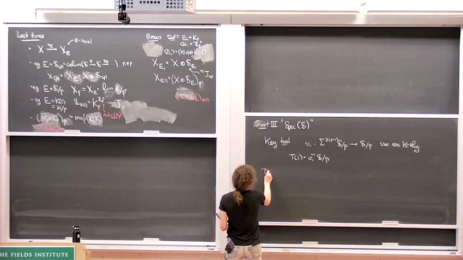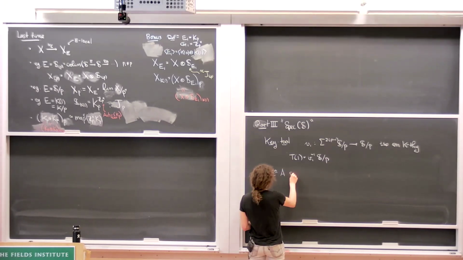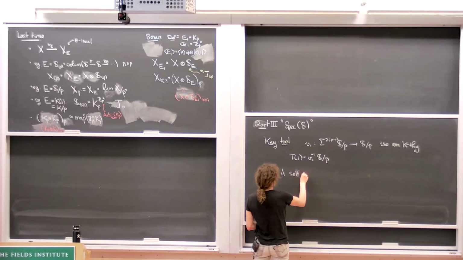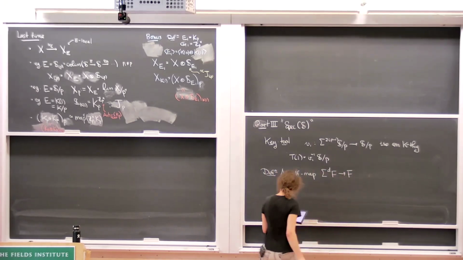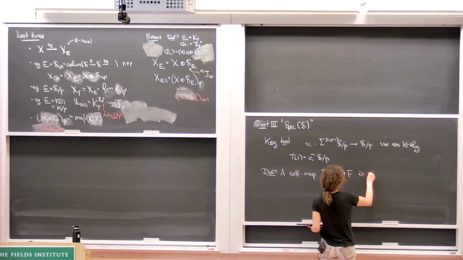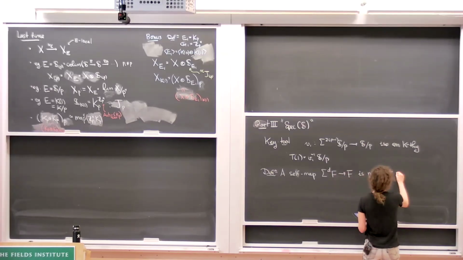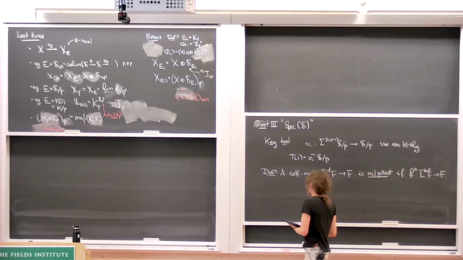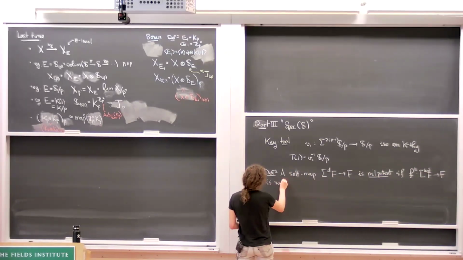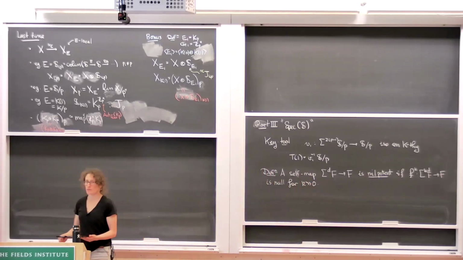So now let's make a definition. Okay. So a self map from a spectrum to itself is going to be called nilpotent if I iterate it, just like we were iterating V1 yesterday, and it eventually becomes null. Okay.